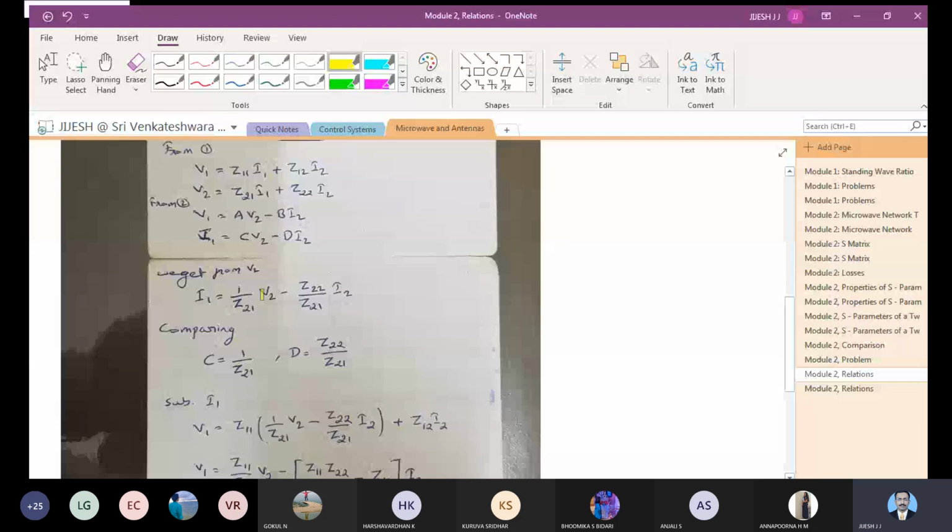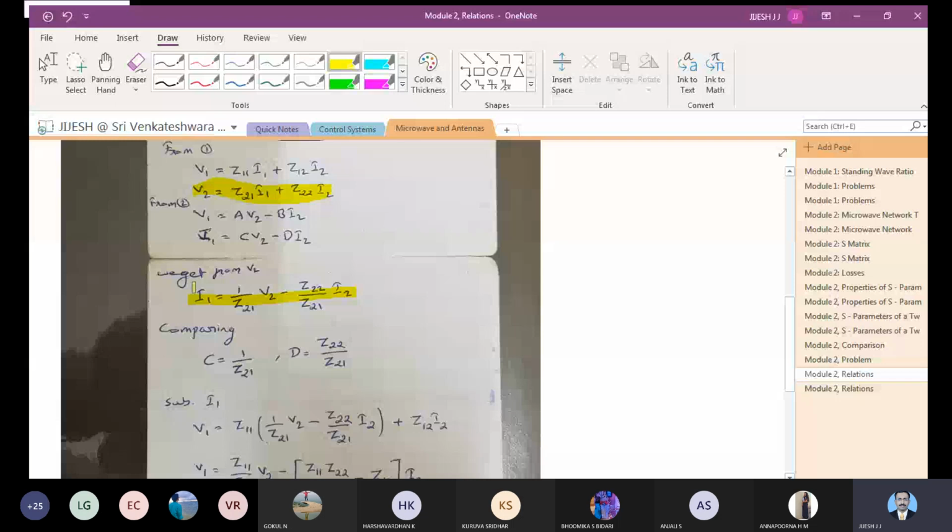You will end up with this by replacing equation 2 for V2. If you number the equations 1, 2, 3, 4, then you can say replacing equation 2. So you can rewrite this equation as I1 is equal to 1 by Z21 V2 minus Z22 by Z21 I2.